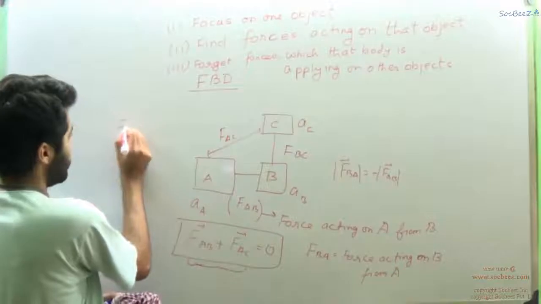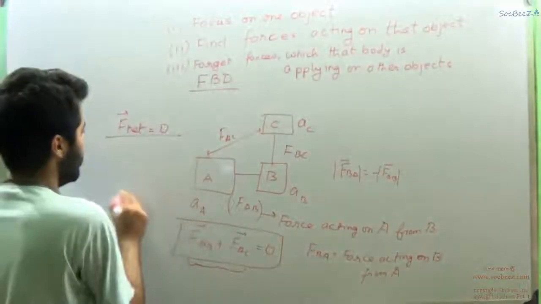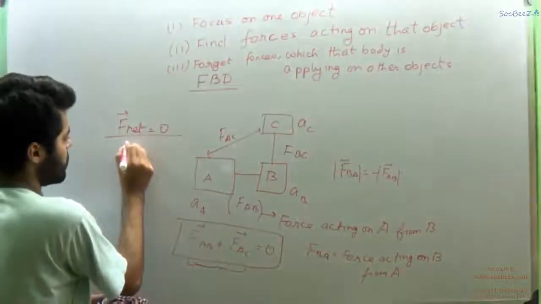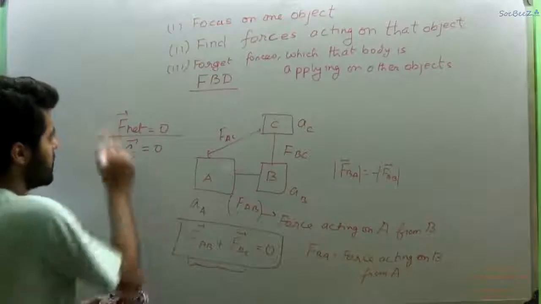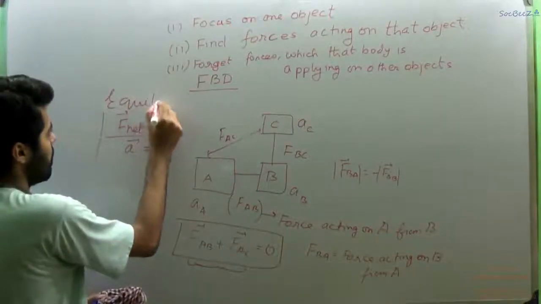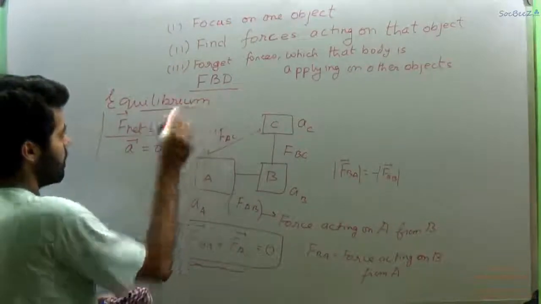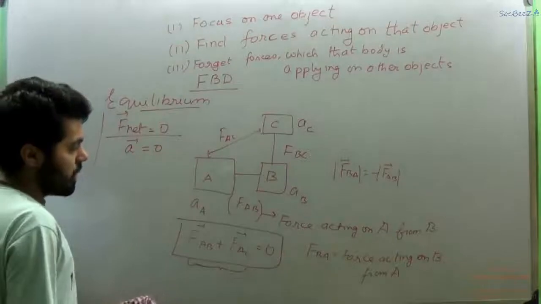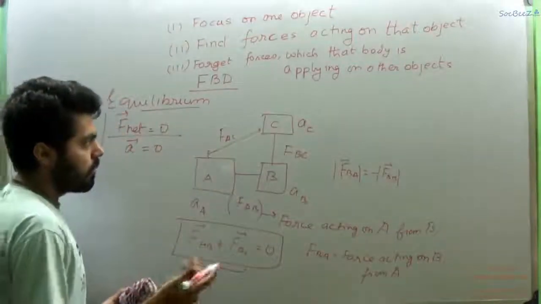So F net is 0, so the acceleration of the object will also be 0, and this will be the case for equilibrium. And suppose it is given that object C is moving. So what will we do?